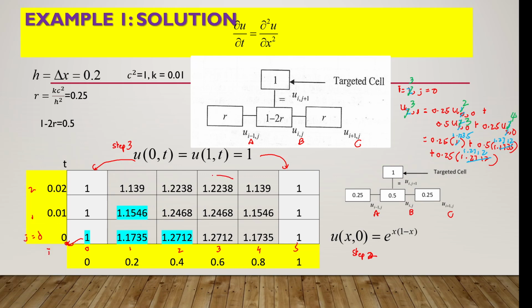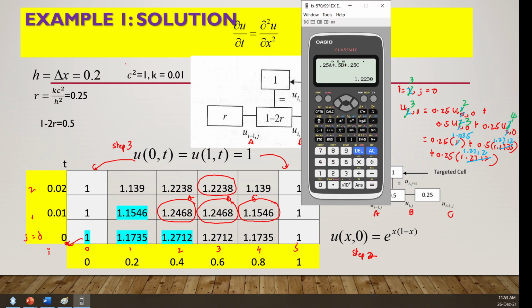Then you move to here to calculate this one. This is A, this is B, this is C. Then you can get this cell. So calculate. A is 1.2468.